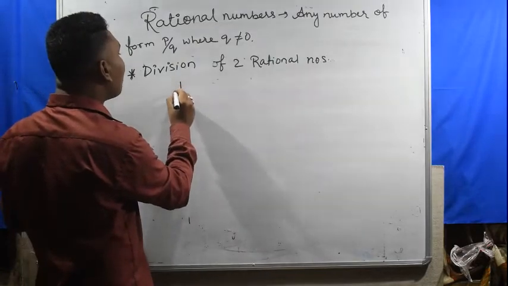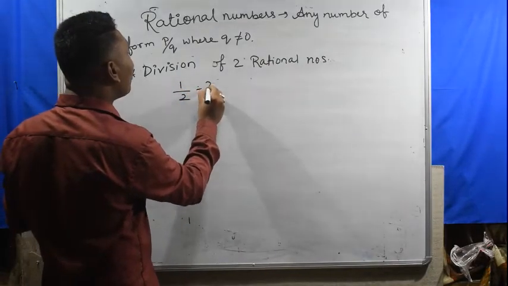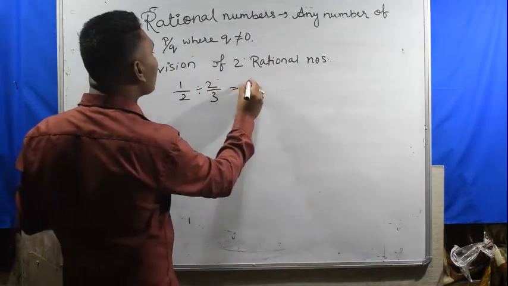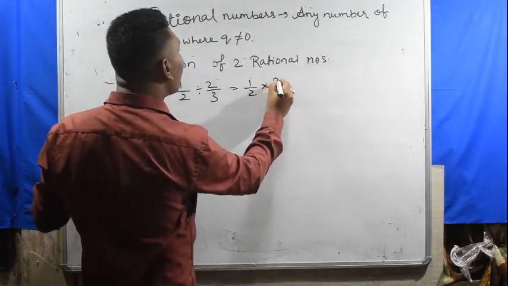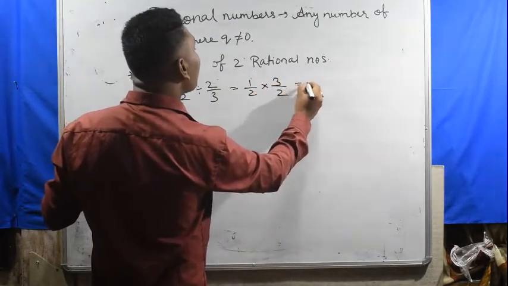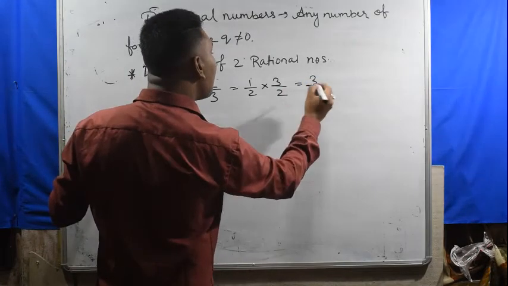So 1 by 2 divided by 2 by 3, we can write as 1 by 2 into 3 by 2. So it becomes 3 upon 4, which is a rational number.